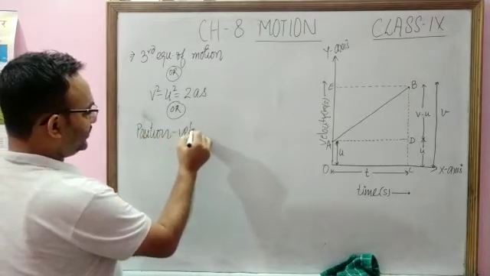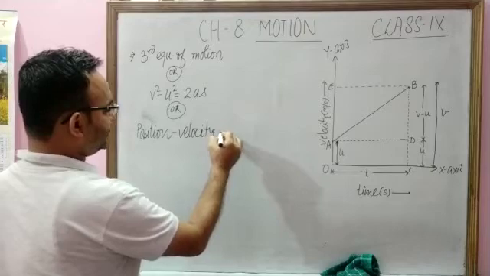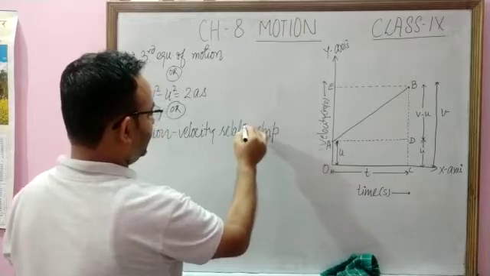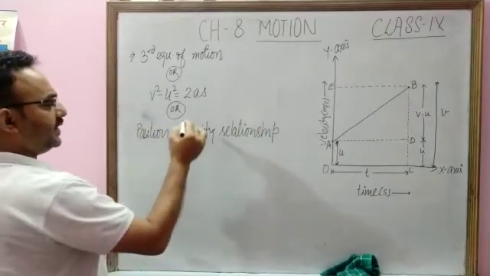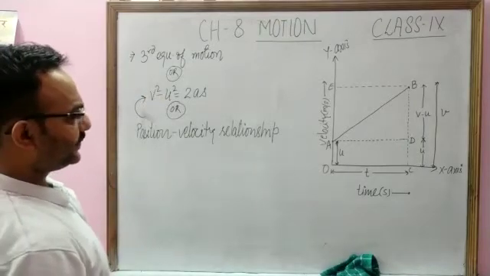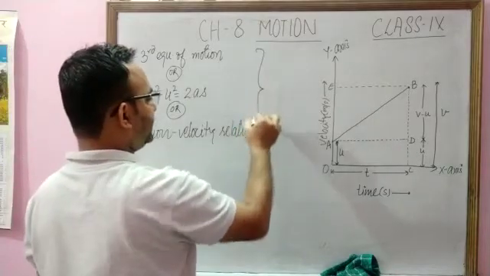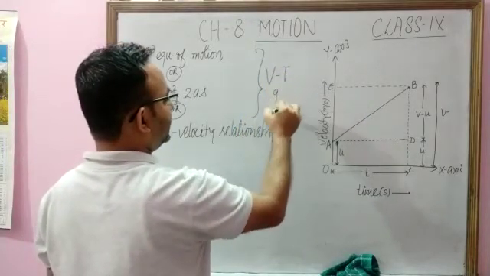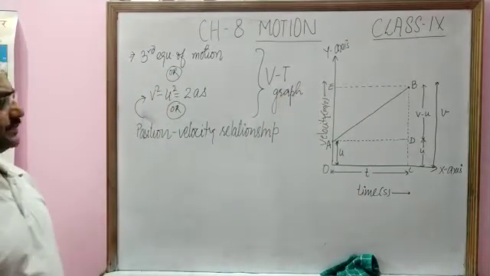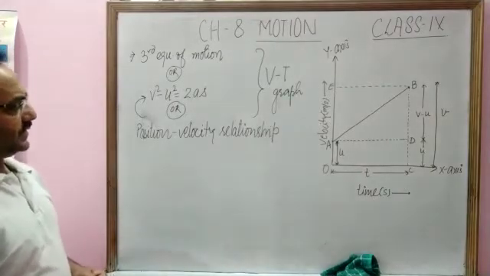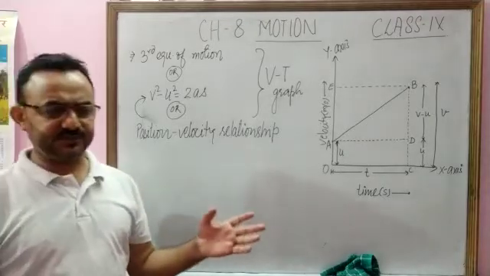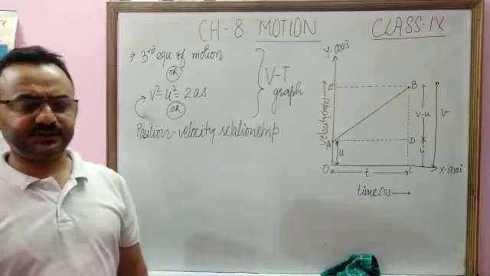It means you have to derive v square minus u square is equal to 2as under the VT graph, velocity time graph. Is it clear? Whatever statement they have given in the question, you have to read it carefully and then proceed with the derivation.